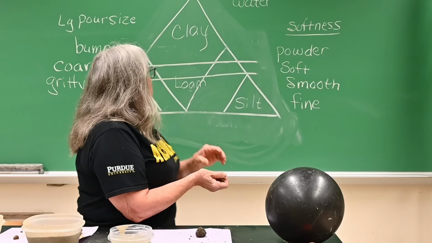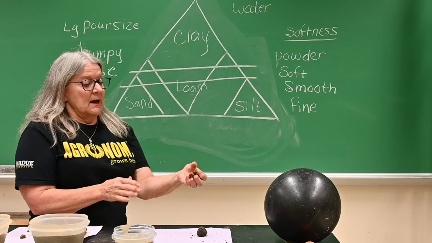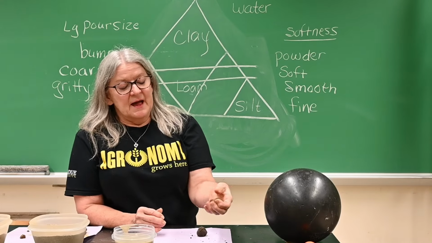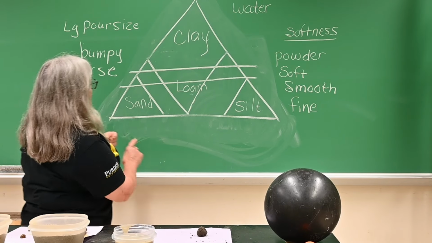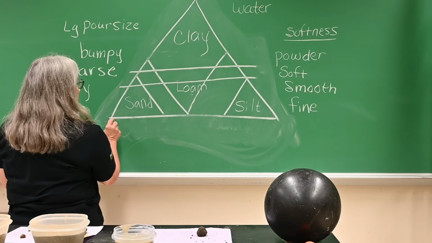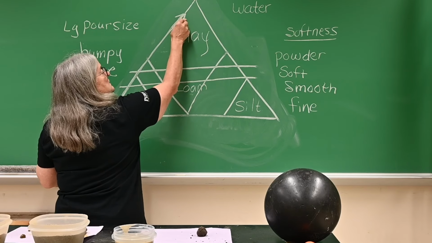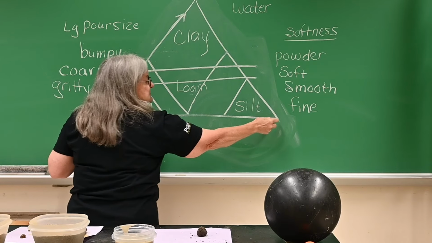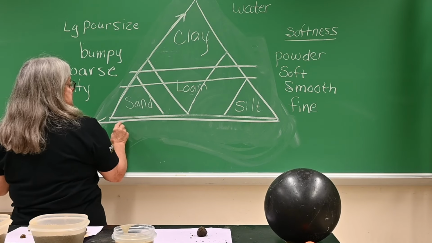And so I'm working somewhere up in here. And I put it back together. I know that I have a clay loam, and a clay loam is given just because as we go in this direction, we increase our clay content. As we come in this direction on a texture triangle, we're increasing our sand.